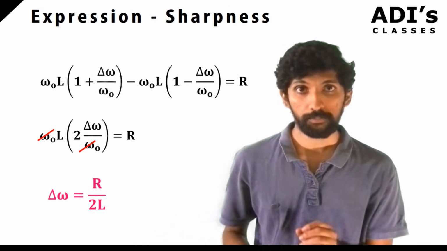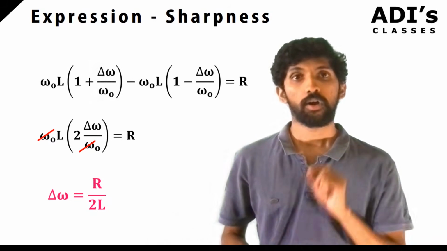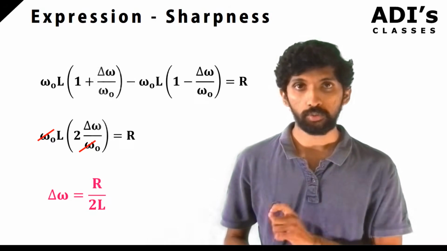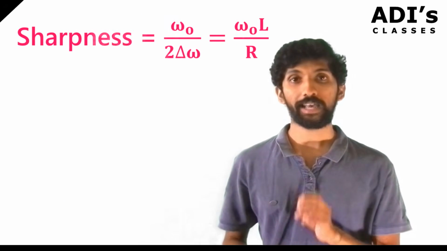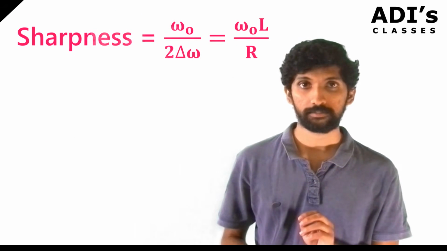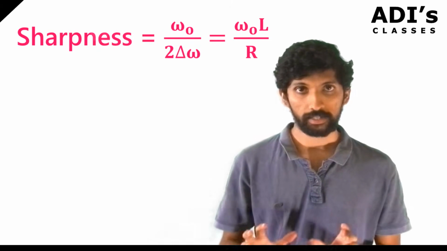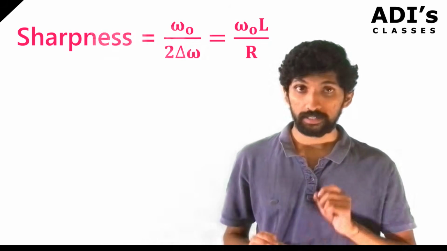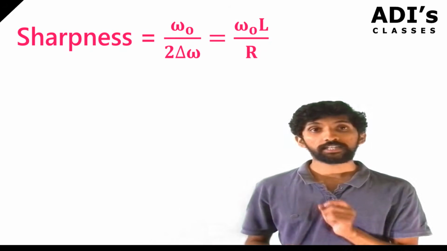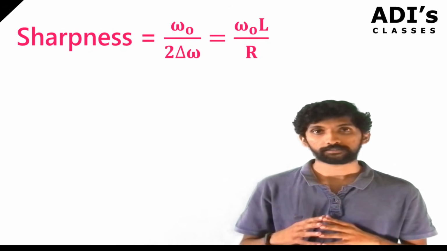Therefore, the sharpness of the curve becomes omega naught by 2 delta omega is equal to omega naught L divided by R. Correct? Understood? The sharpness of the resonance is also called the quality factor or Q factor.